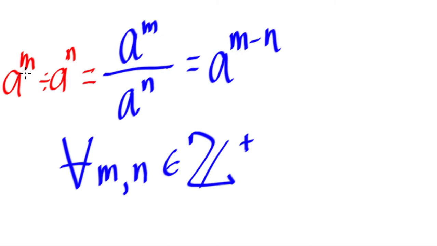Okay, a raised to m divided by a raised to n is equal to a raised to m minus n for all m and n which are positive integers. Okay, so m and n are positive integers. Okay, so to give us more examples of this, let's have a very short example such as this. Let's have something like example 1.